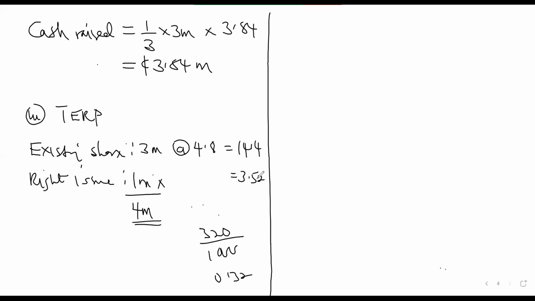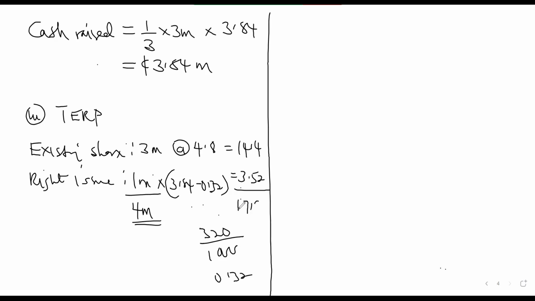So 1 million multiplied by 3.84 minus 0.32. Let's assume that we are doing all of them per share. What will be the total value here? I'm getting 17.92.